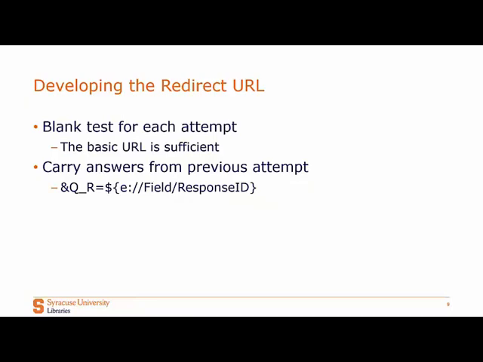If you want a blank test for each attempt, then that basic URL that we just saw is sufficient. If you want to carry the answers from a previous attempt, then you need to add this to the end of the basic URL.